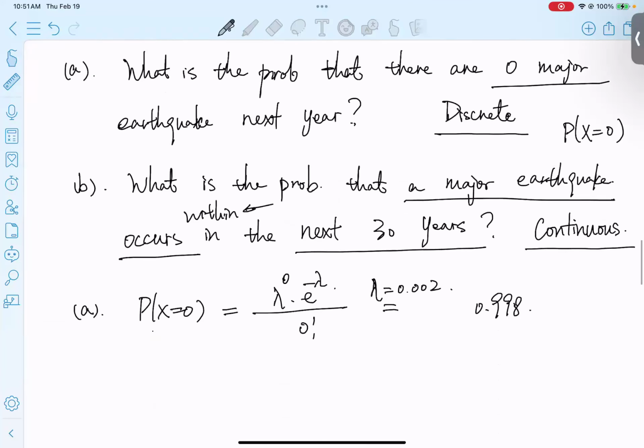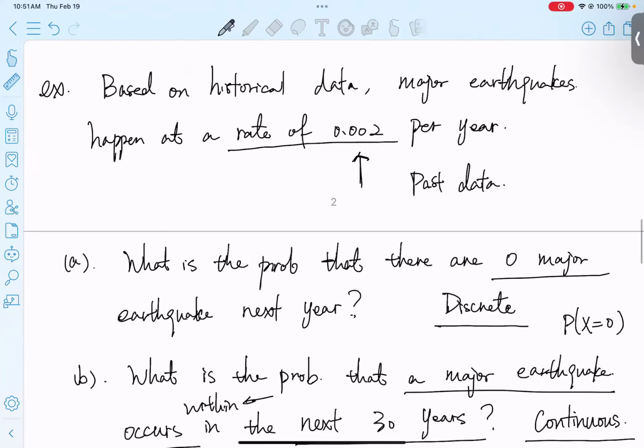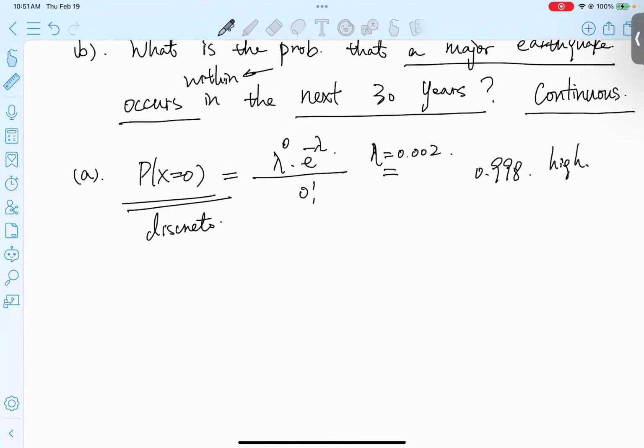So the probability of no earthquake is relatively high here, 0.998. This is discrete: we want exactly 0, a discrete random variable. Intuitively, with a rate that small, the probability of no earthquake in the next year is very high.